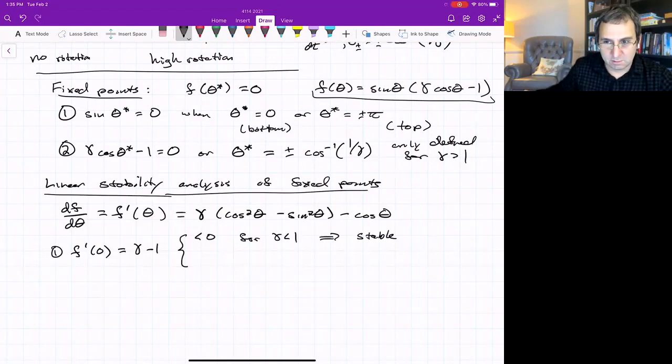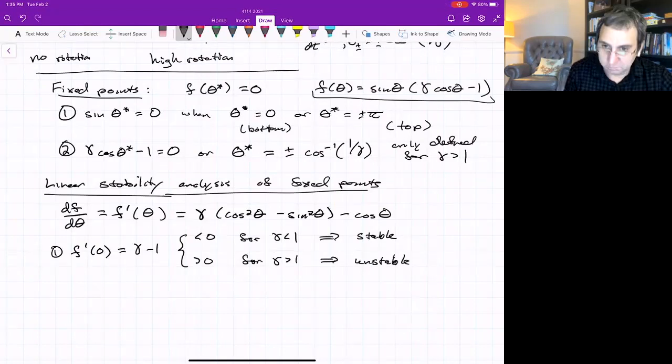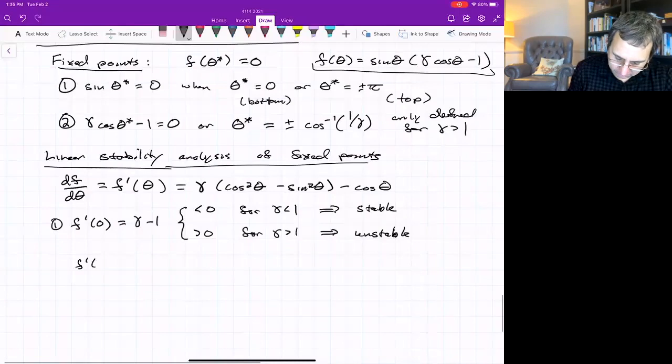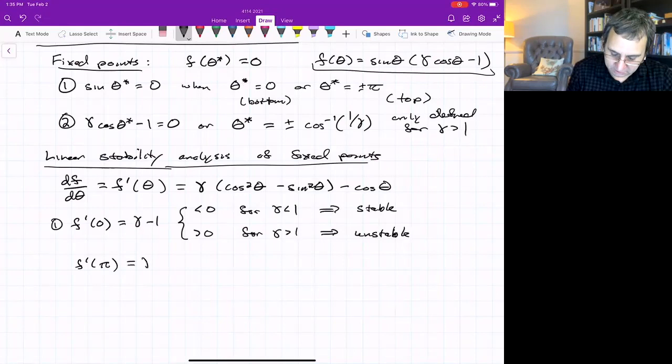So the slope is negative, stable. And this is greater than 0 for gamma greater than 1, which implies unstable. And you could look at F prime at plus or minus pi, which is gamma plus 1, which is always greater than 0 for all gamma. So always unstable.